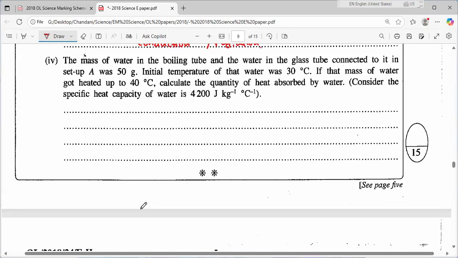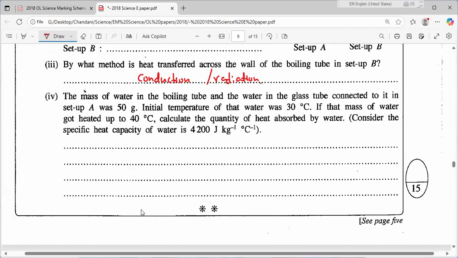And the last one: the mass of the water in the boiling tube is 50 grams, right? M is 50 grams, meaning to convert that into kilograms you need to divide by 1000. The initial temperature of the water is 30 Celsius. If the water got heated up to 40 degrees, calculate the quantity of heat absorbed by water.